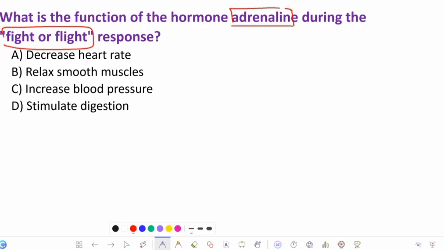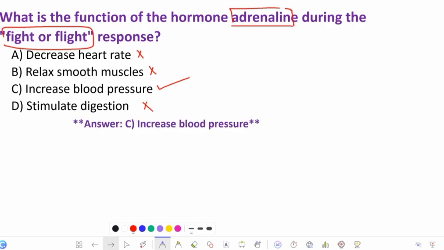And this hormone is responsible for decreasing heart rate, not at all. Relax smooth muscles, increase blood pressure. It will increase blood pressure because fight or flight will need more blood. That's why it will increase blood pressure.